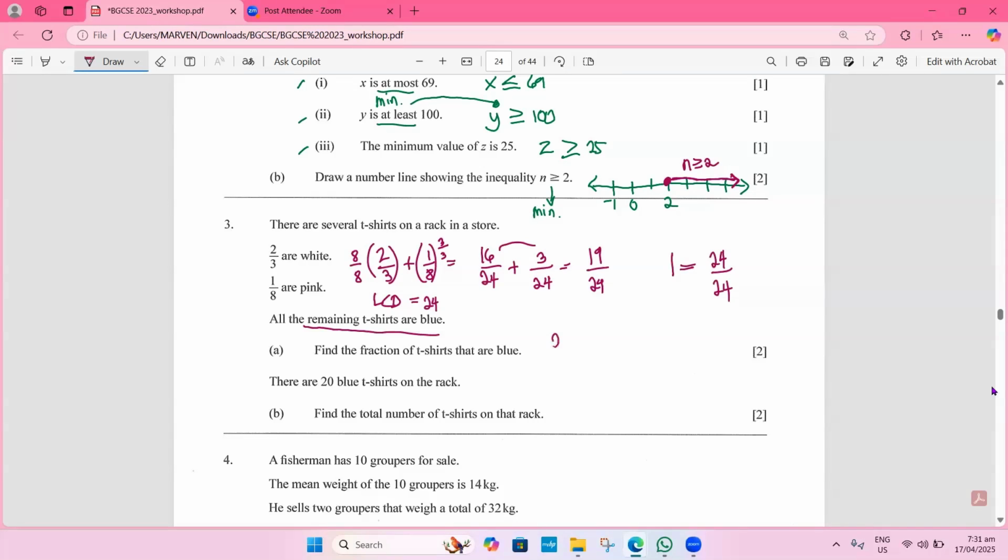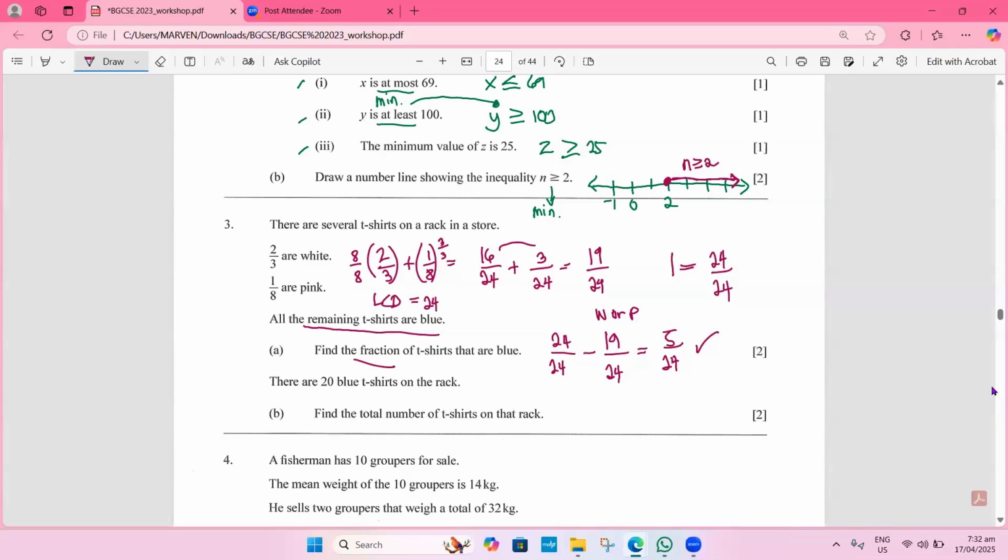And then to solve for the fraction of the blue t-shirts from the whole or from the total, we're going to subtract 19 over 24, which is the combined fraction of white and pink. So this is white or pink. And then subtract it from 1. So that will give you 5 over 24. So 5 over 24 is the fraction of blue shirts.